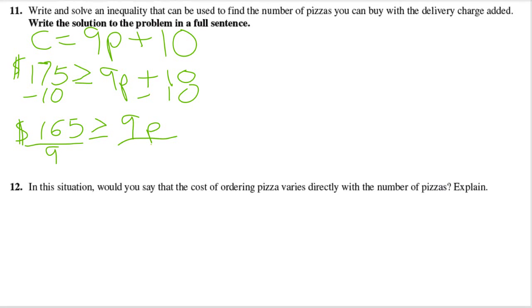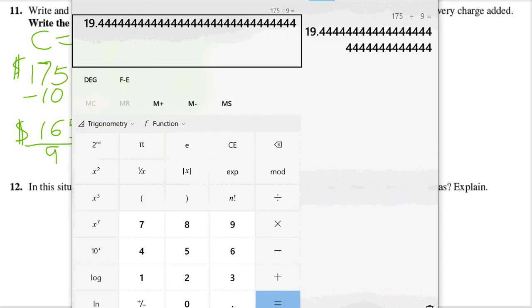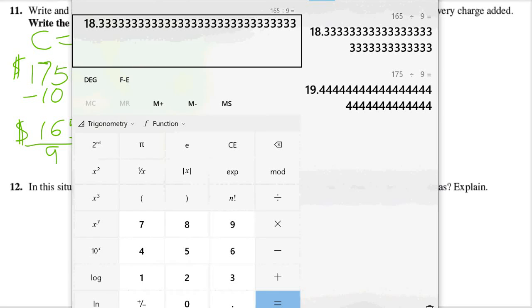And when you're solving an inequality, all you really do is divide the other side by 9. That gives you a way to write your P out here. P is less than or equal to 165 divided by 9, which is 18.33.